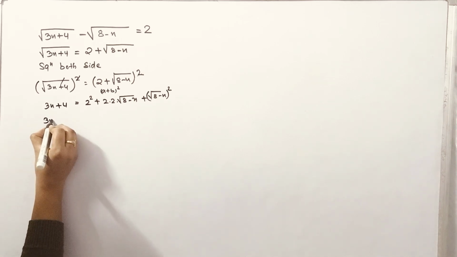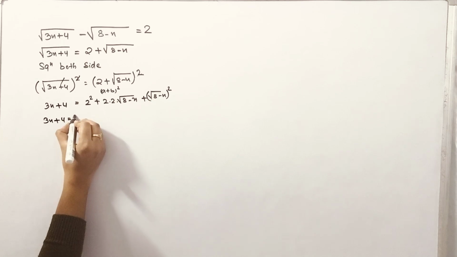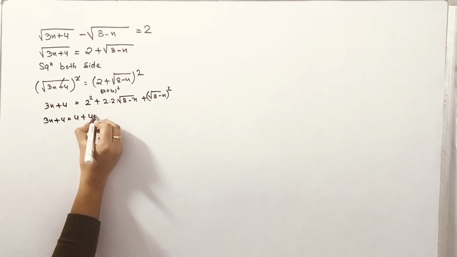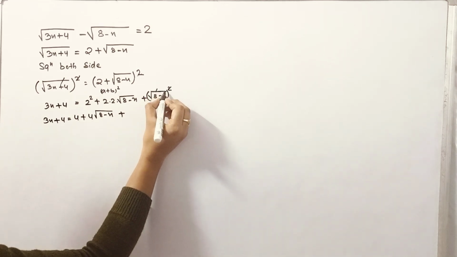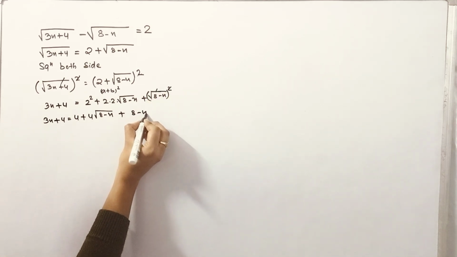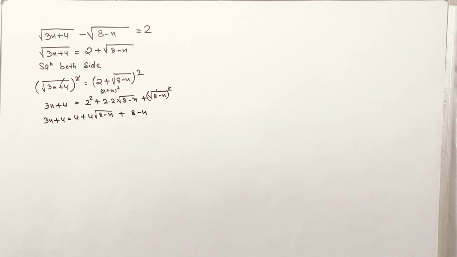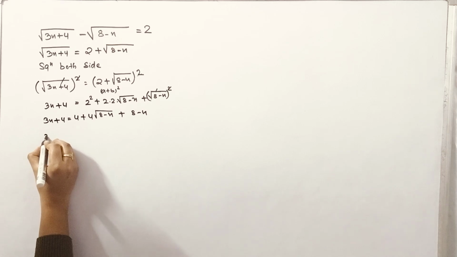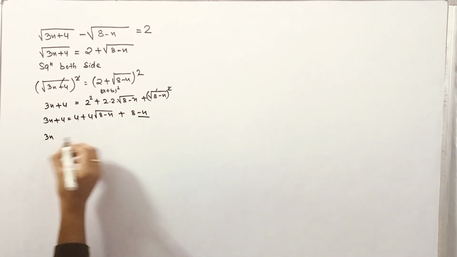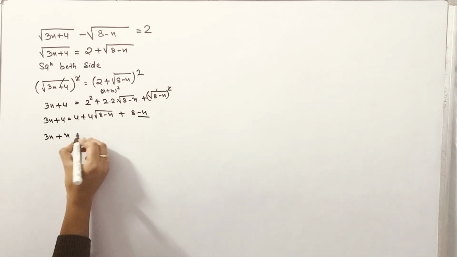So here we will get 3x plus 4 is equals to 4 plus 4 root under 8 minus x plus, this and this get cancelled out, so we will get 8 minus x. Fine. Now we will arrange all the x variables and constants. So 3x, this is minus x, so this will get plus x.